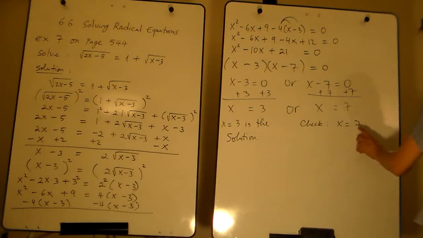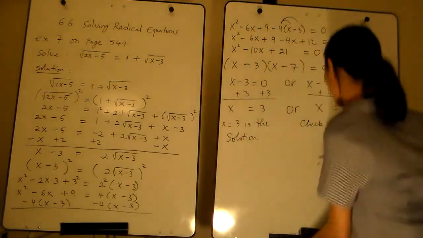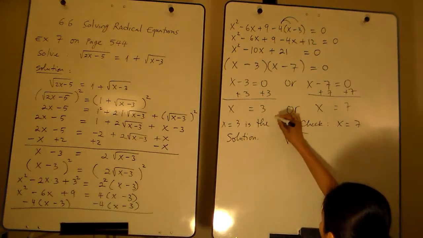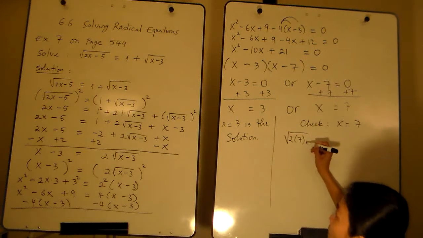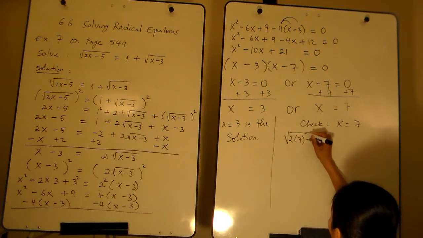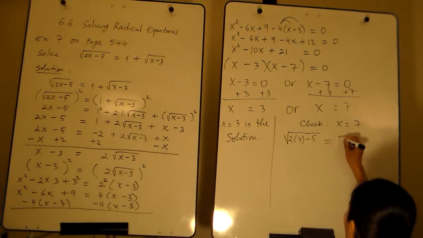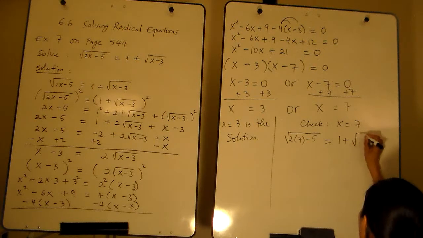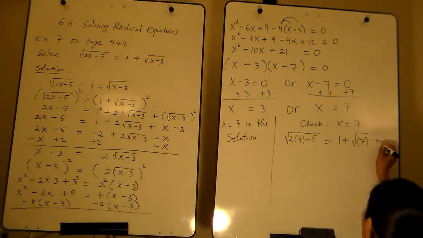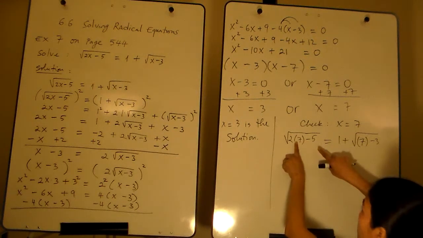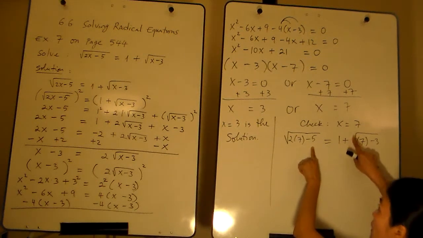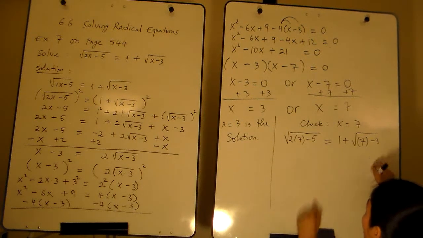So replacing x equals 7 into this equation, we have square root of 2 times 7 minus 5, equal to 1 plus square root of 7 minus 3.